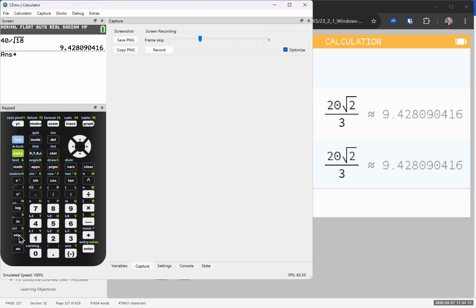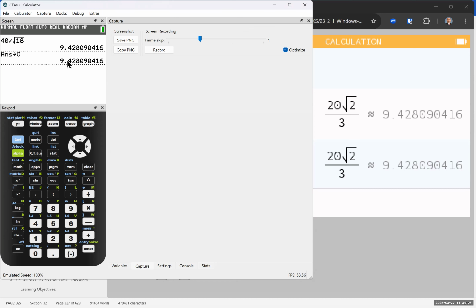So I'm going to store that. Now, I don't think I have the option of upper and lowercase. So I'm going to use a capital O. It's in green, so I need to hit the green alpha key, and then the 7 key, and that'll put an O there. And I can hit enter.